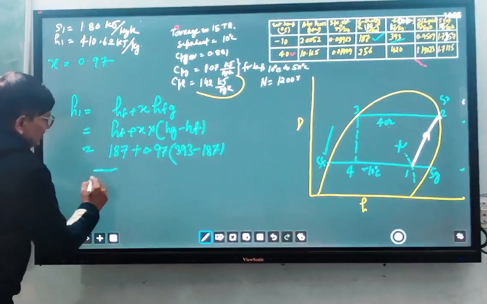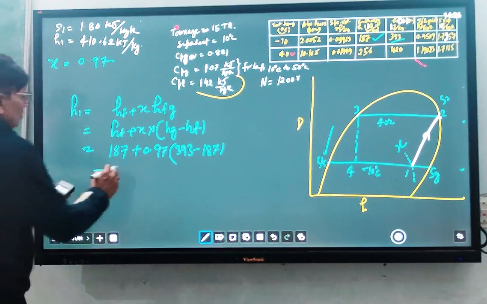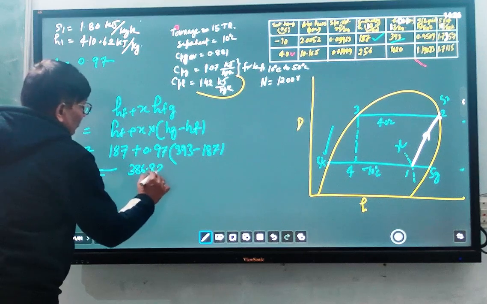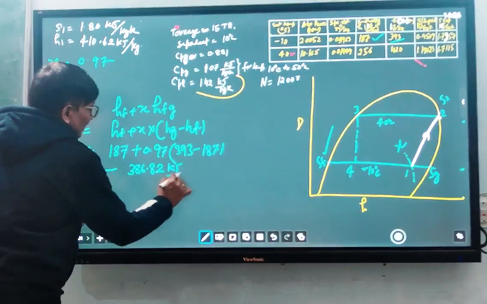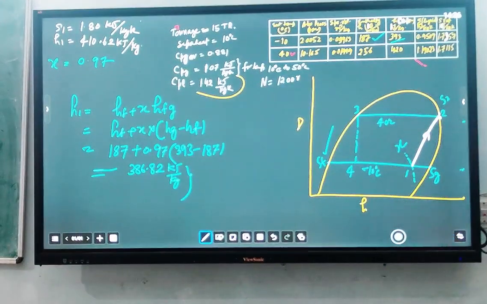So H1 equals 187 plus 0.97 into (393 minus 187), equal to 386.82 kilojoule per kg.